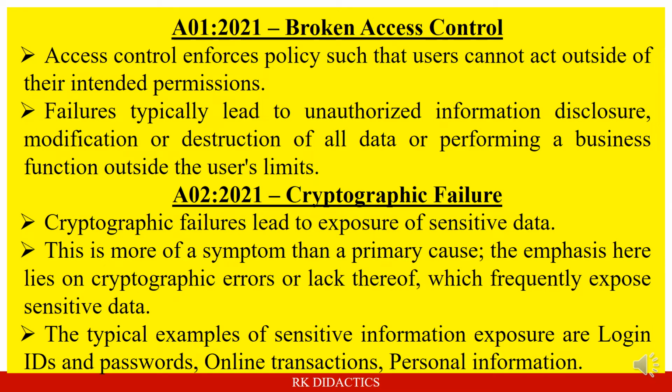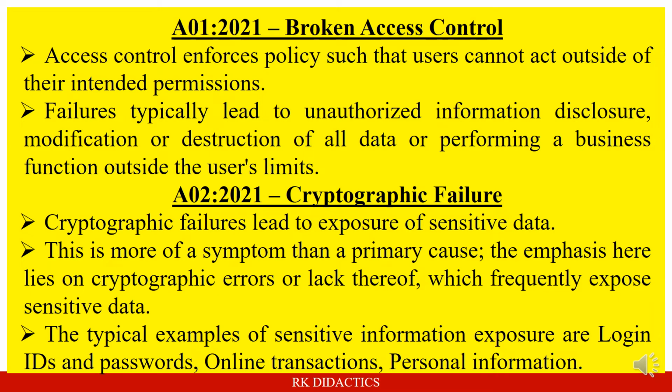Then the second risk is cryptographic failure. So what is cryptography? When a message is sent from one client to another client, it is sent in a cryptographic or hidden form. For that purpose, some codes are created and the message is converted into code, and this code is sent from one user to another user.